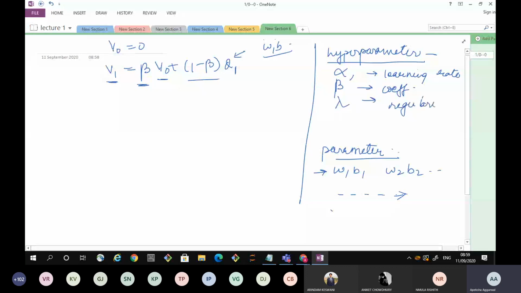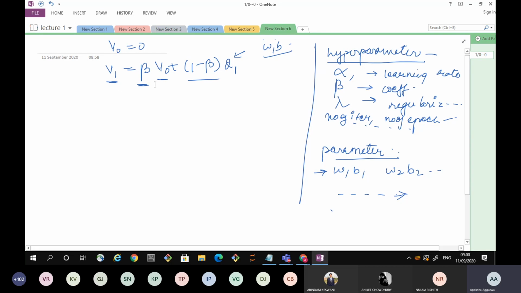We have not discussed regularization yet. Other hyperparameters are the number of iterations and the number of epochs you want to run your model, etc. So hyperparameters are the parameters which control the parameters, playing a role in deciding the parameter values.